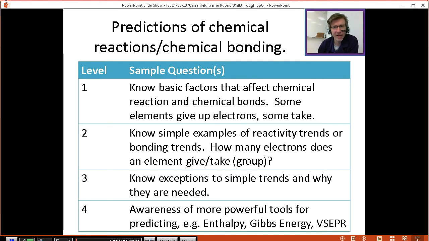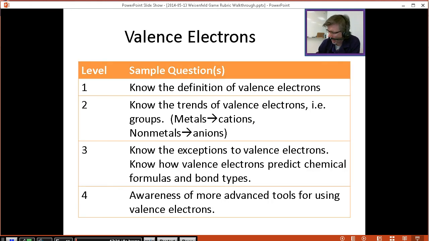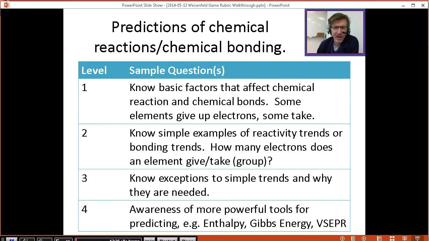How and why things come together, that's kind of the magic of chemistry, right? Like why this one atom will react with this other one. Knowing how to predict some of that is what we're talking about when it comes to chemical bonding. Which chemicals are most reactive? Which elements give up electrons? Those are some basic factors for level 1 in this question.